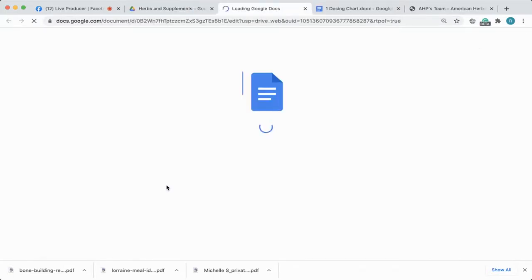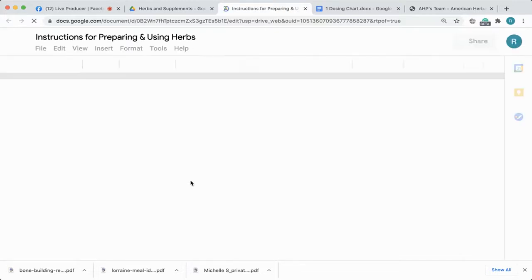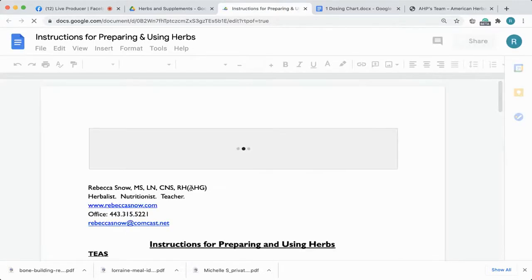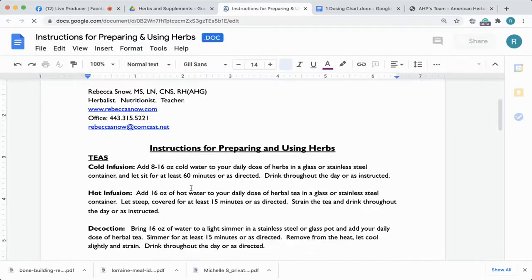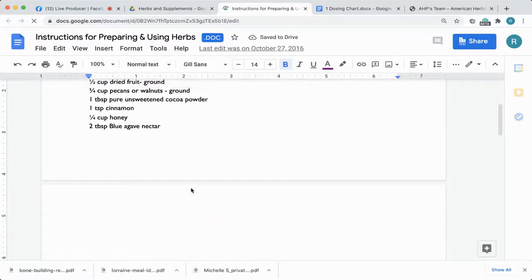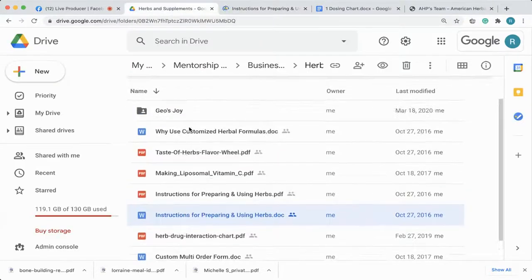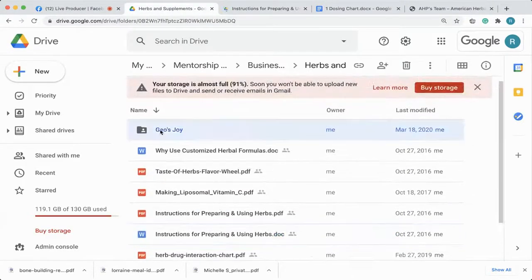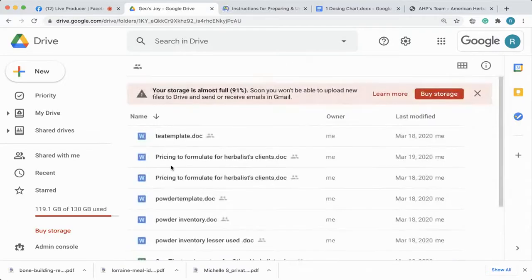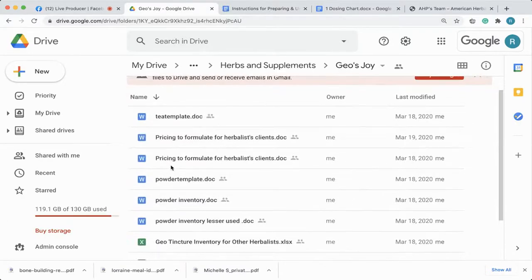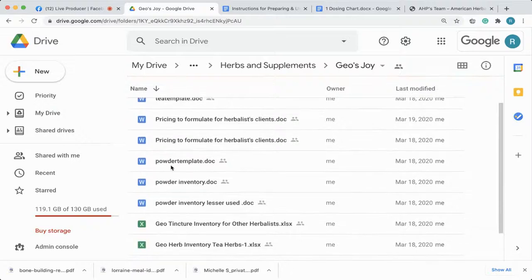There's instructions on how to prepare and use herbs that you could use as a handout for clients when you're recommending different herbal preparations such as teas, tinctures, or powders. So that's a useful handout that you can customize. Also, Geo's Joy is a dispensary in Virginia, and she's willing to work with any of my mentees creating custom formulas.